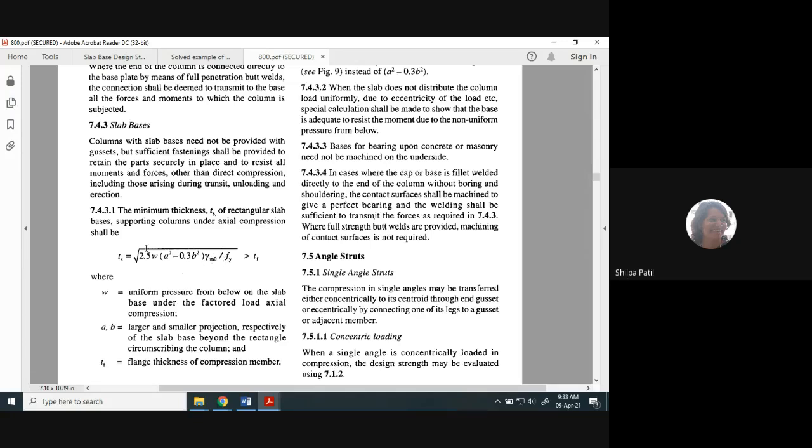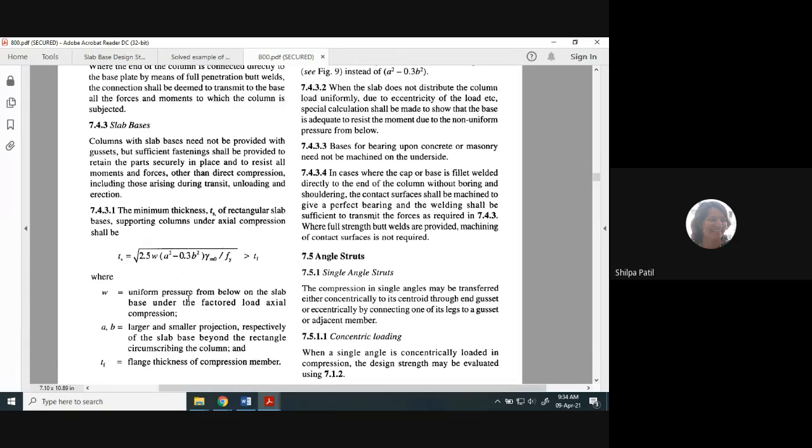And this thickness of the base plate should be greater than or equal to the thickness of the flange, Tf. Suppose your calculated Ts value is coming less than Tf, then whatever is the thickness of the flange of the column, you have to provide that as the thickness of the base plate.